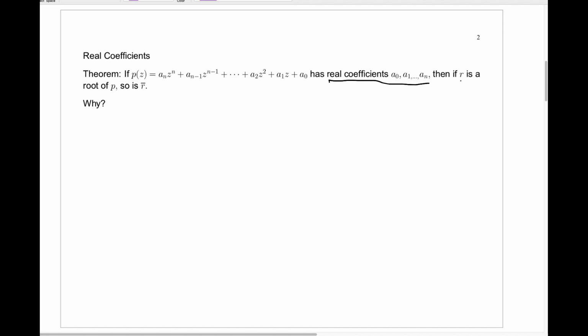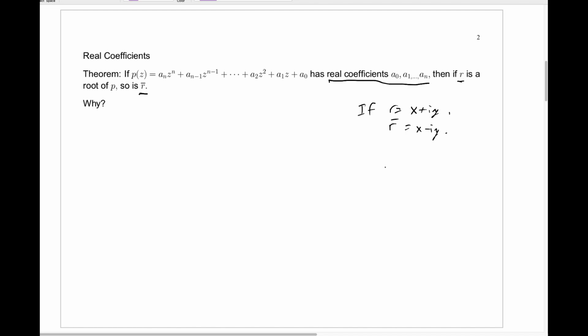Anytime you have a root r, then you'll also have a root r bar, the complex conjugate of r. So if r is, say, x plus iy, r bar, the complex conjugate, is x minus iy, and whenever this is a root, then this is also a root.